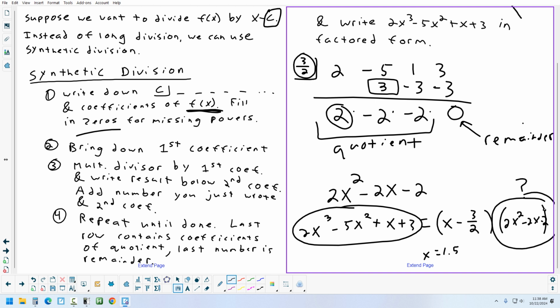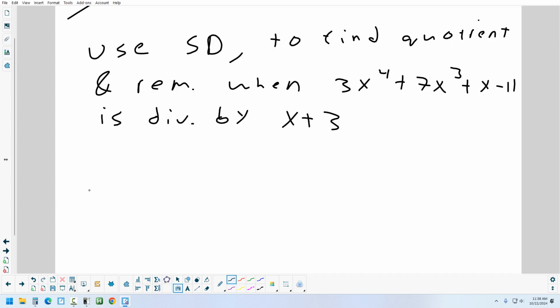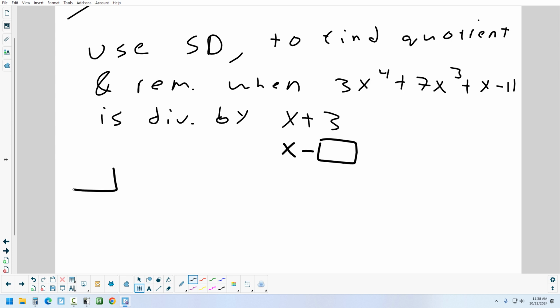Let's try another one. It says use synthetic division to find the quotient and the remainder. Now, am I dividing by something that's in the right format? No. What's the format supposed to be? X minus the number. And whatever number is in that box, that's what's supposed to go on the outside.